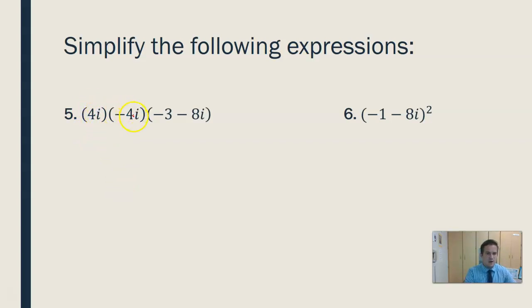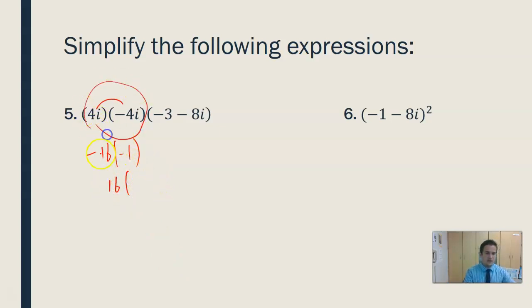So here I have 4i times negative 4i times negative 3 minus 8i. So again, I have 3 terms here, so I'm going to start by just multiplying the first two. 4i times negative 4i is negative 16i squared. Before I do anything else, this i squared I can really write as negative 16 times negative 1, which is a positive 16.